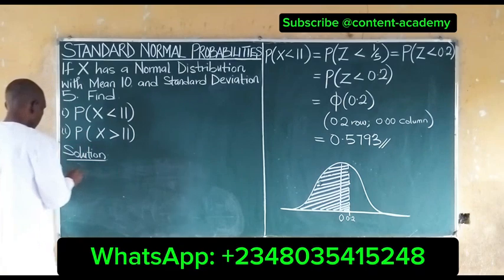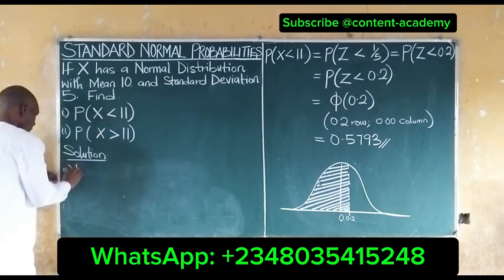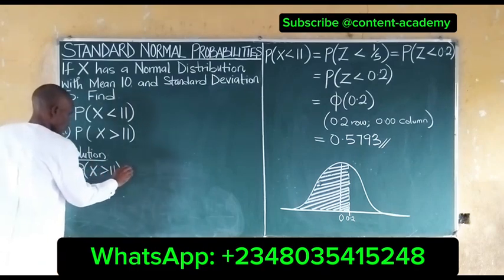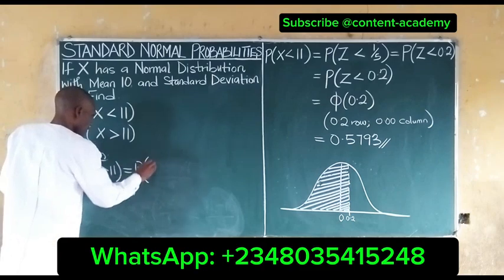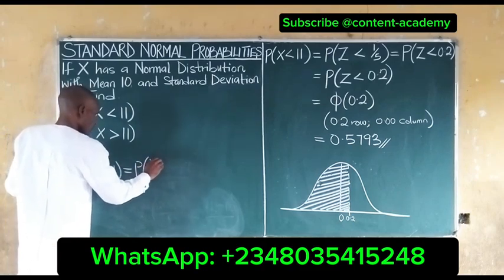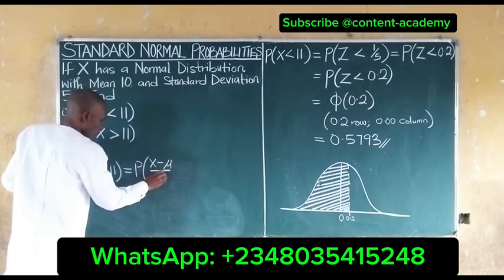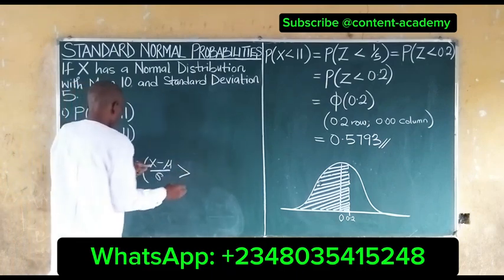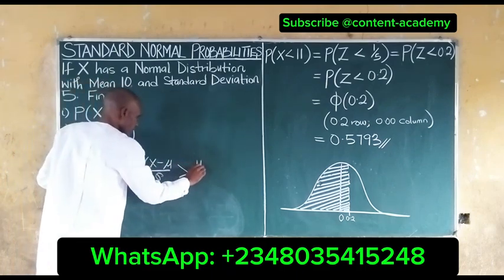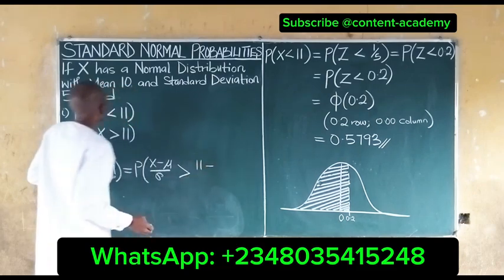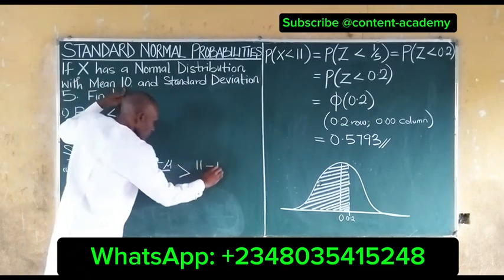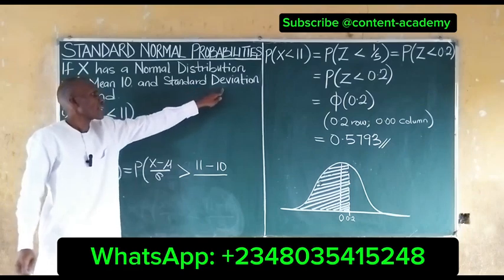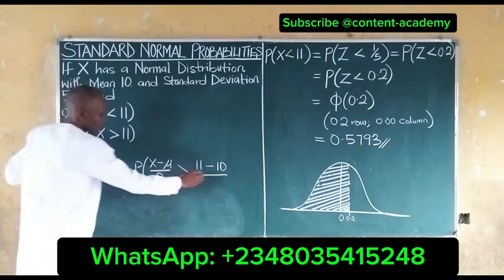Now, the probability of x greater than 11 is the same thing as the probability of (x minus mean) all over our standard deviation greater than (11 minus our mean, which is 10) all over our standard deviation, which is 5.